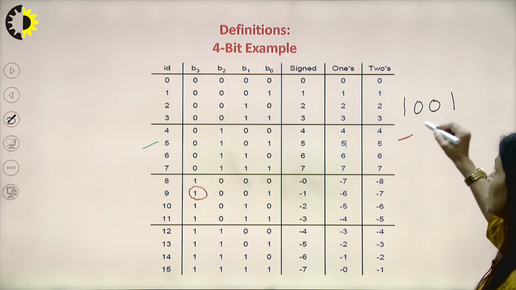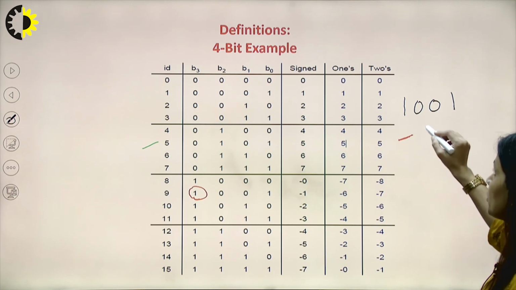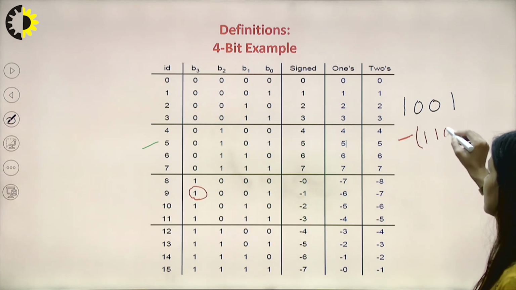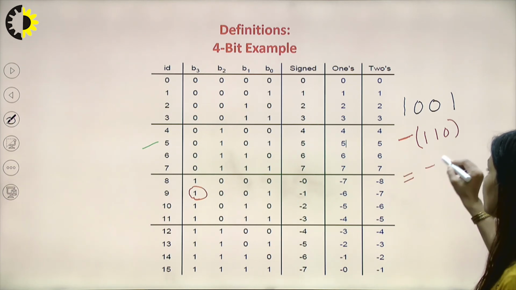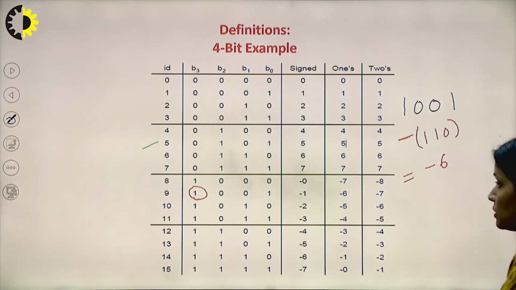For 001 I will take the 1's complement, and my number becomes -6. So here it is coming.